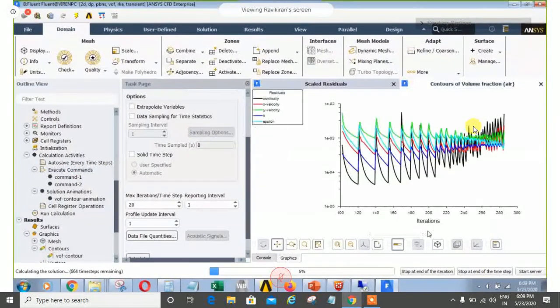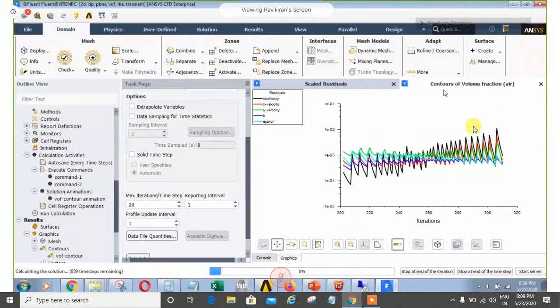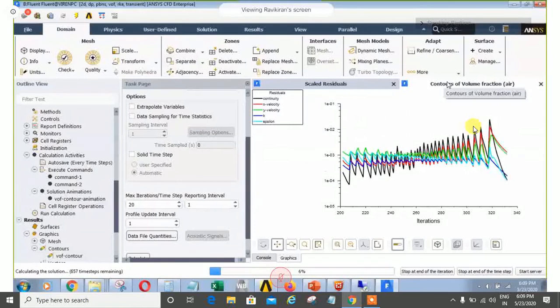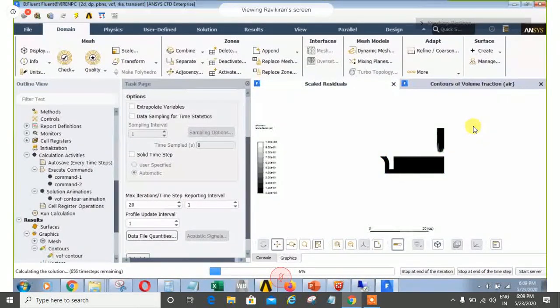But as we have opted for it for 5 time steps, it will be updated accordingly. We have completed almost 56 time steps here.